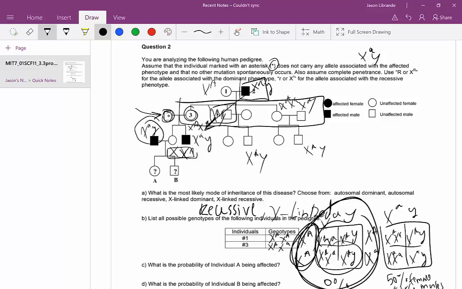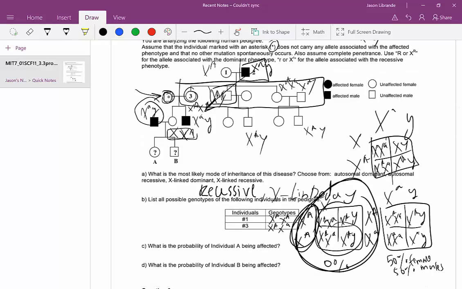So let's do this cross. Okay. So A is going to be a female, so we're going to look at the females.